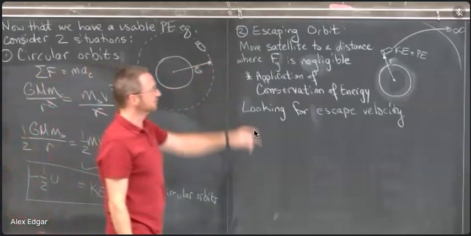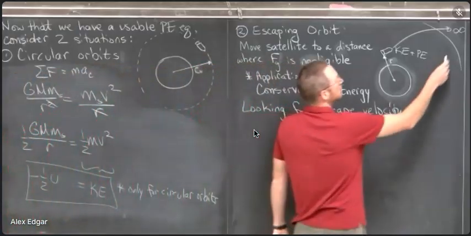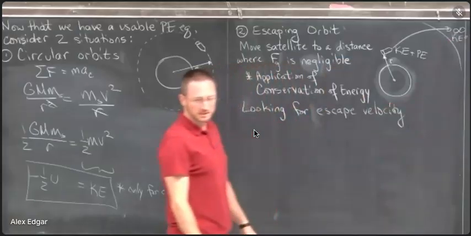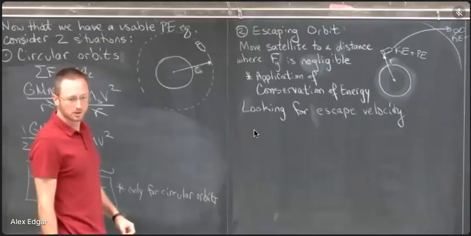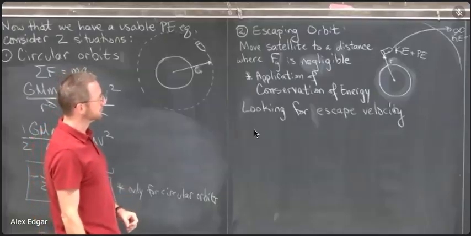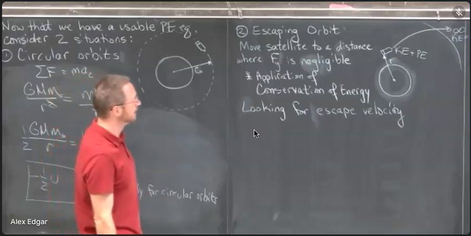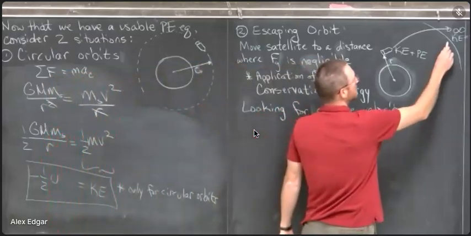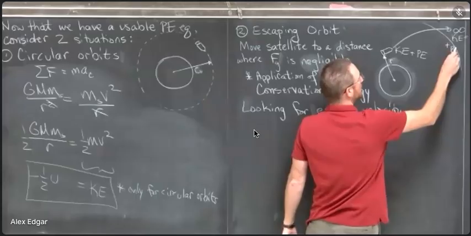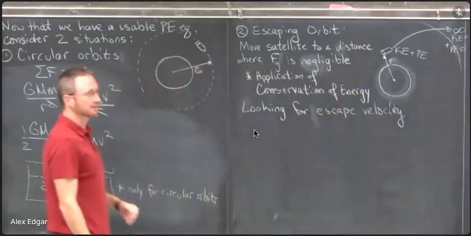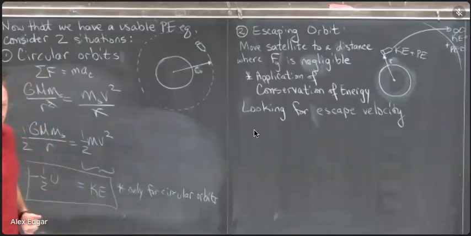When it gets very far away, we're assuming that it has zero kinetic energy because we just want it to barely get very far away. And at that point, it also has potential energy, but we already said that potential energy at very far away is zero.